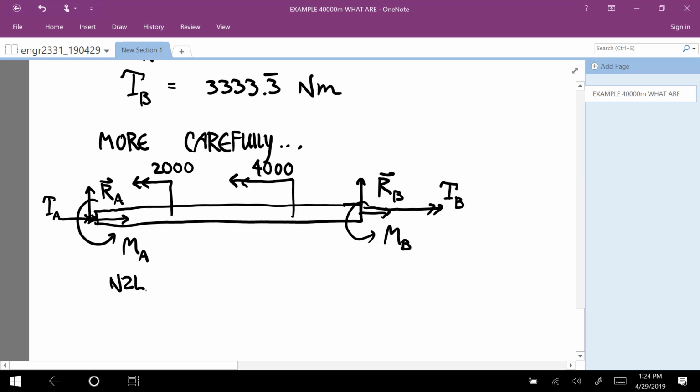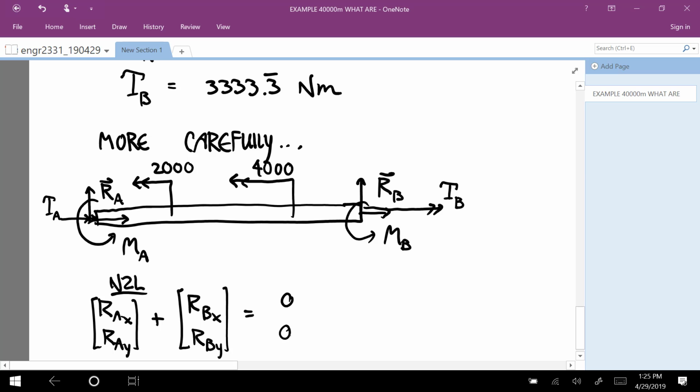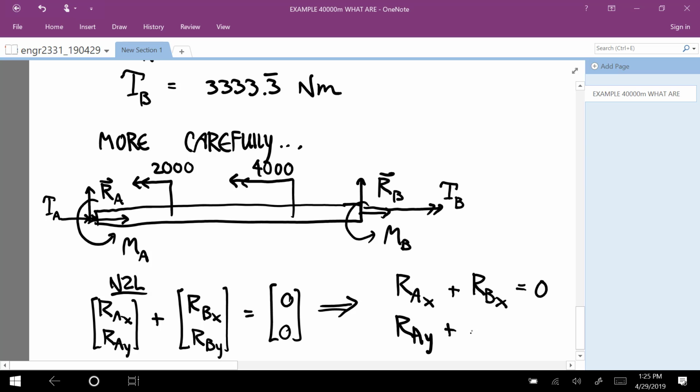Newton's second law says RAX, RAY, plus RBX, RBY is equal to zeros. So you have two equations here. One says RAX plus RBX is equal to 0. And one says RAY plus RBY is equal to 0.